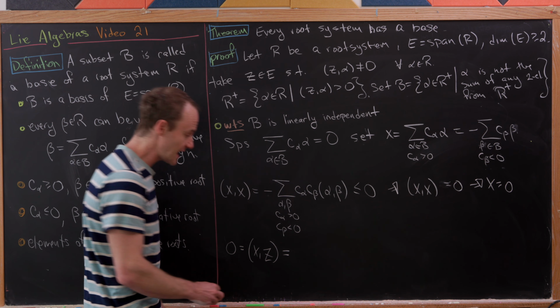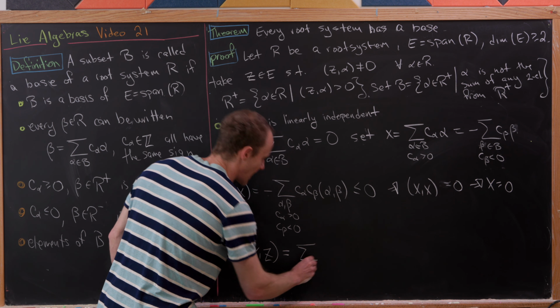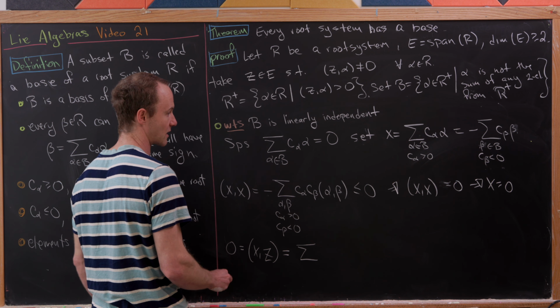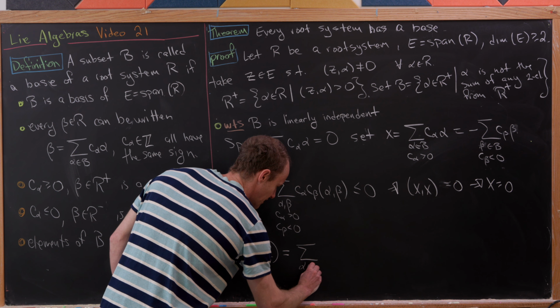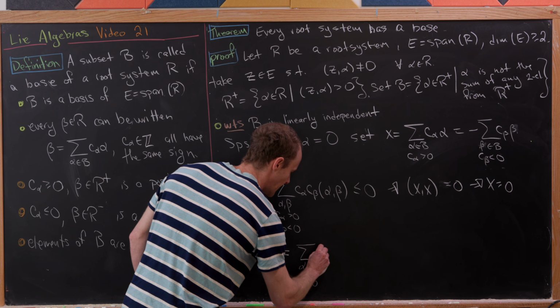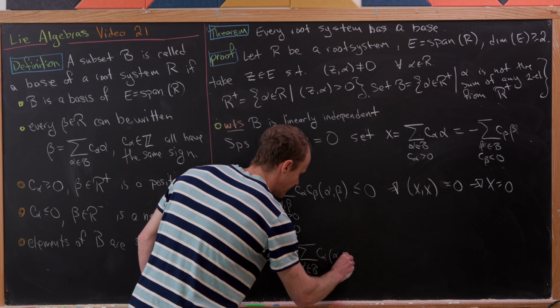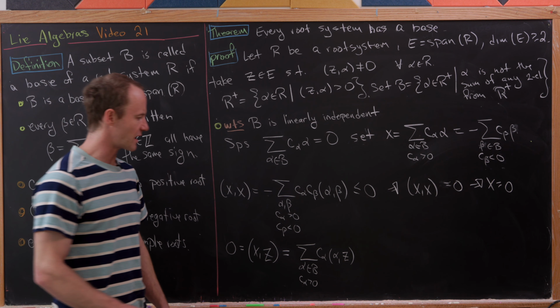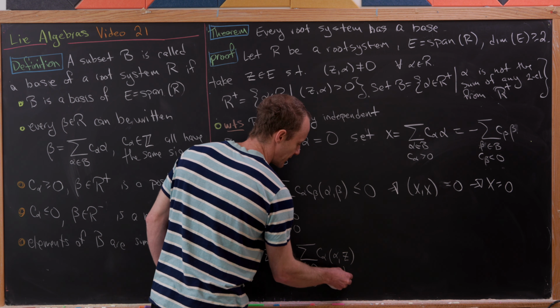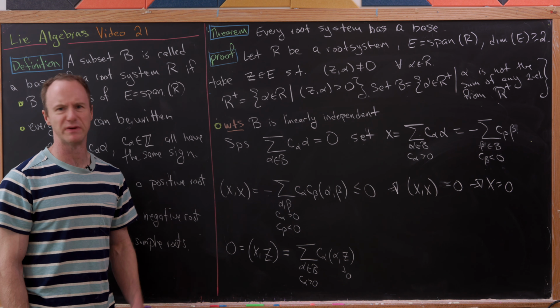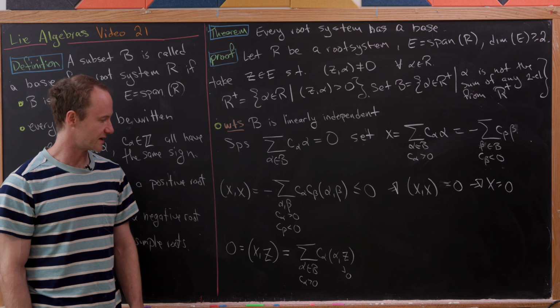But then, by linearity of an inner product space, that's going to be the sum over alpha in B, where C alpha is positive, of C alpha times alpha inner producted with Z. But then we know the product of alpha with Z has got to be positive, given the fact that alpha is in B and B is a subset of R plus.